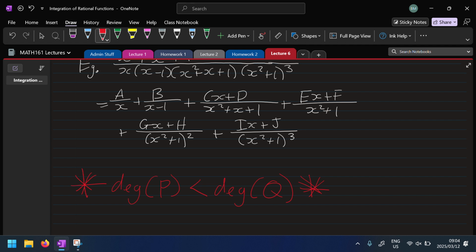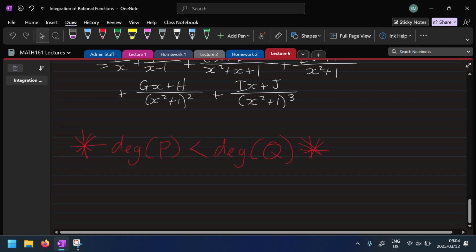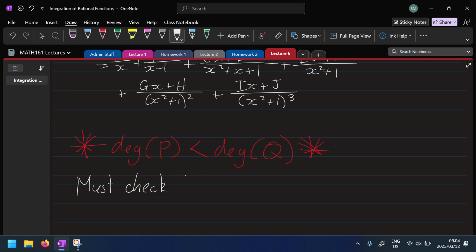You cannot do any of the above working unless the degree of the numerator is less than the degree of the denominator. You have to check that first. So you must check this before doing anything else.